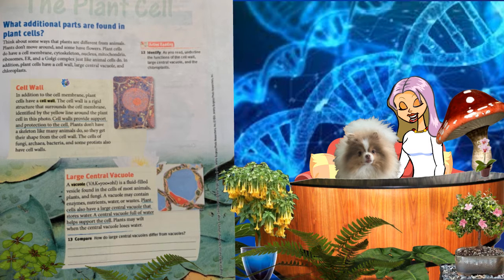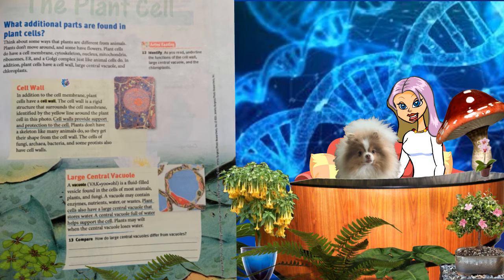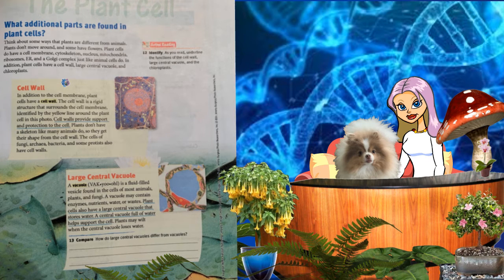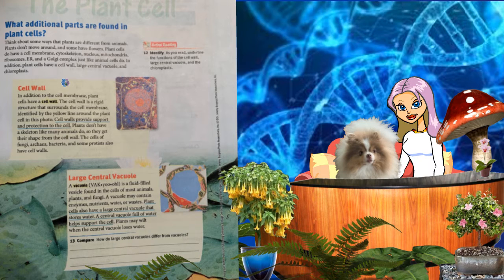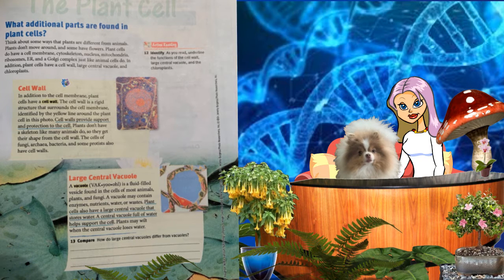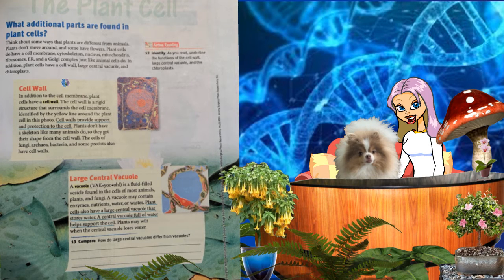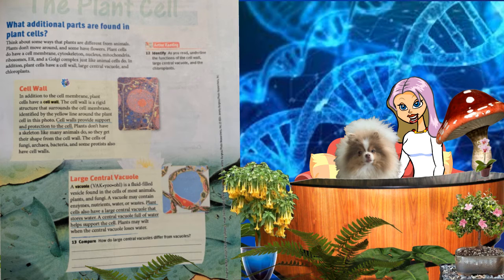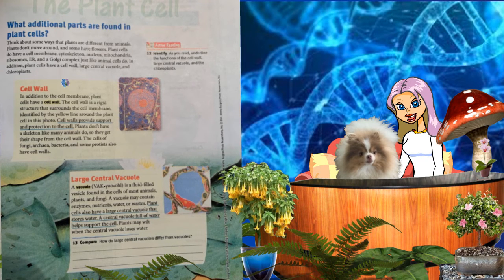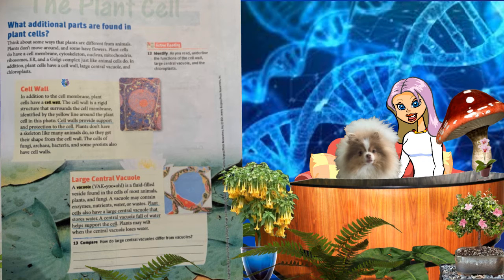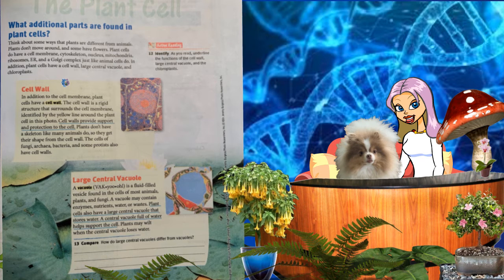Think about some ways that plants are different from animals. Plants don't move around, and some have flowers. Plant cells do have a cell membrane, cytoskeletons, nucleus, mitochondria, ribosomes, ER, and a Golgi complex, just like animal cells do. In addition, plant cells have a cell wall, large central vacuole, and chloroplasts.